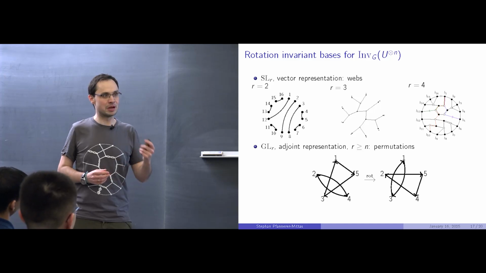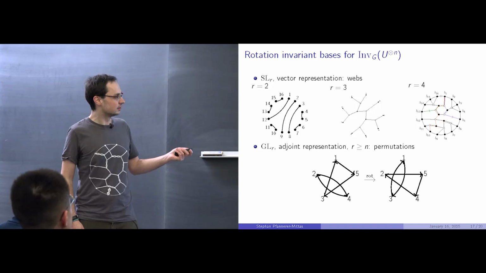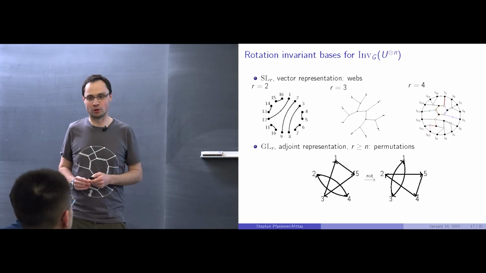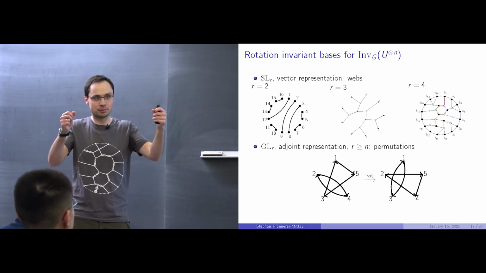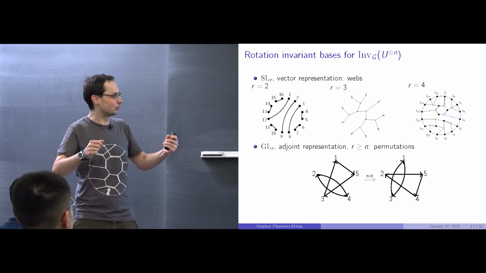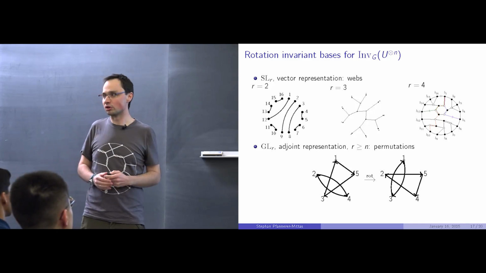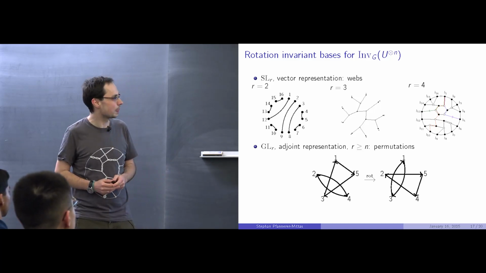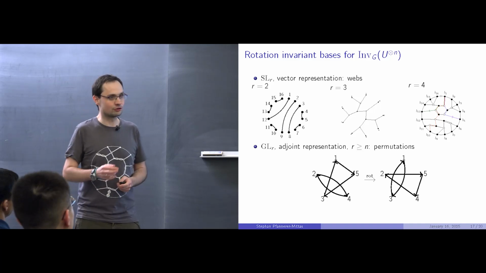And if i maps to j in my permutation, I make some chord directed from i to j. And then rotation of that permutation is take that picture and rotate it. Or in terms of some algebraic expression, you conjugate with the long cycle. Okay, so this statement here is true for R greater or equal to n.